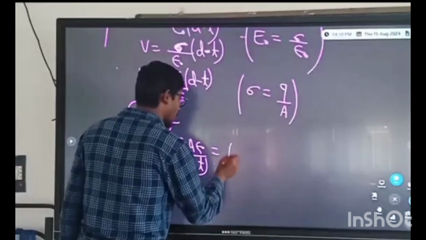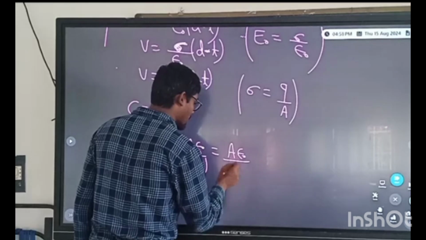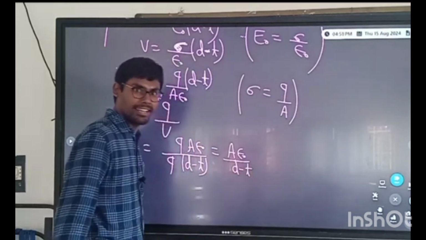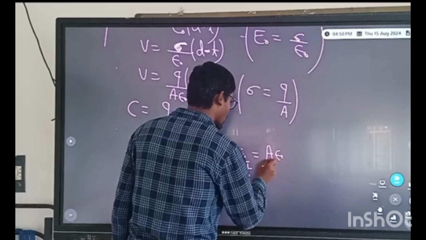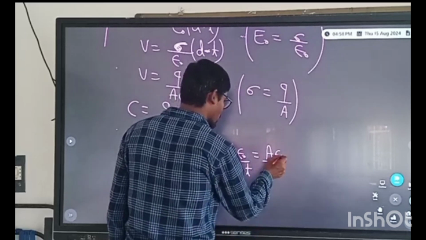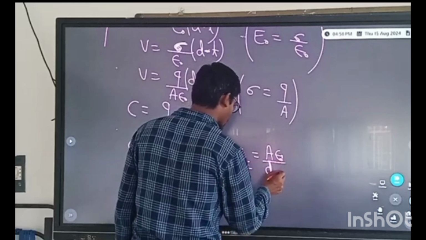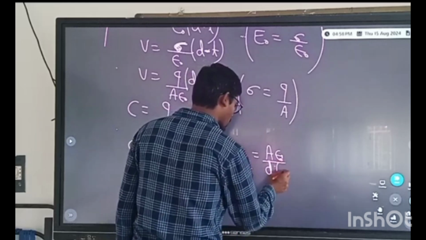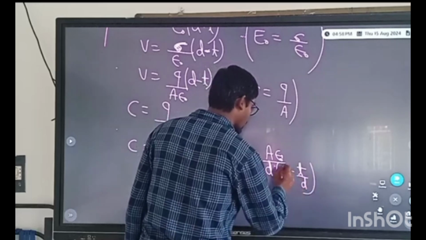So C will be A epsilon naught divided by (d minus t). Now we can take d common, so it will be A epsilon naught by d times 1 over (1 minus t by d), correct?